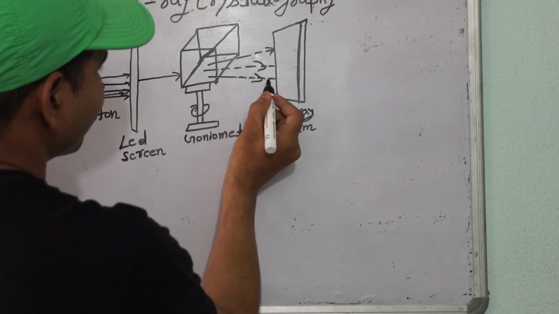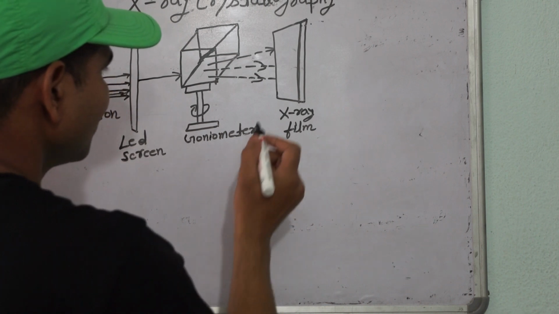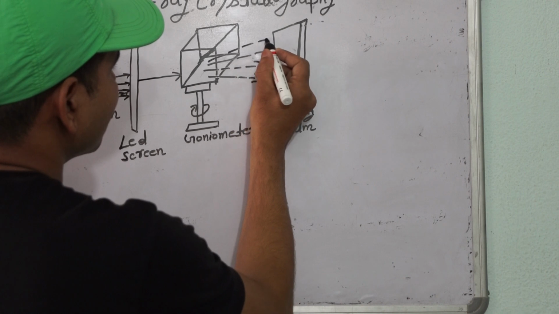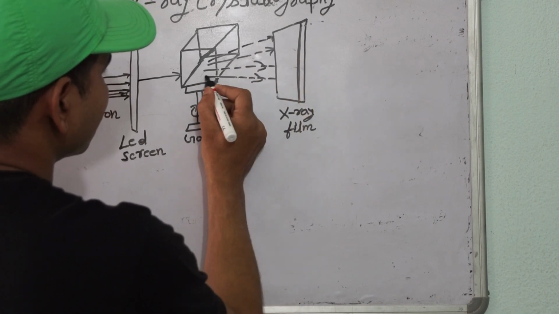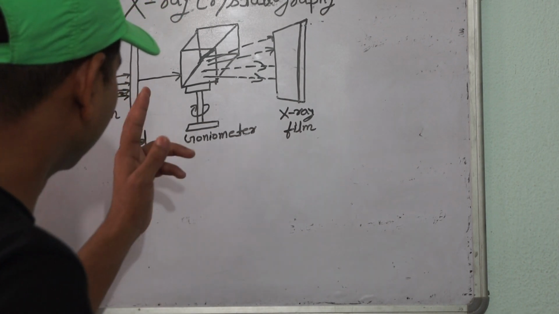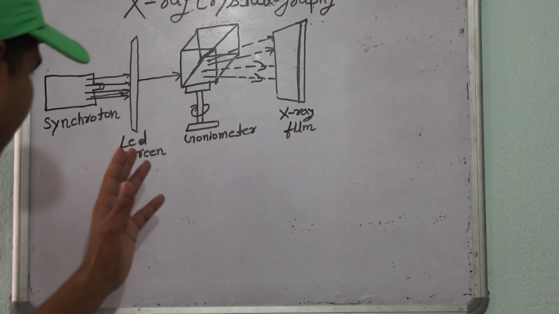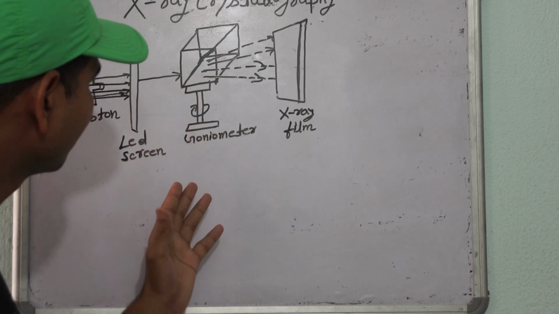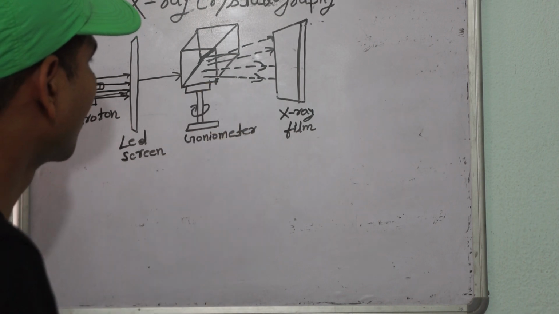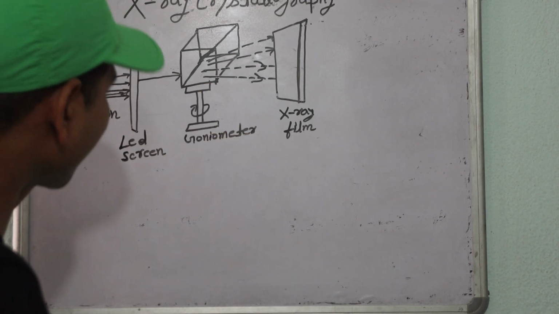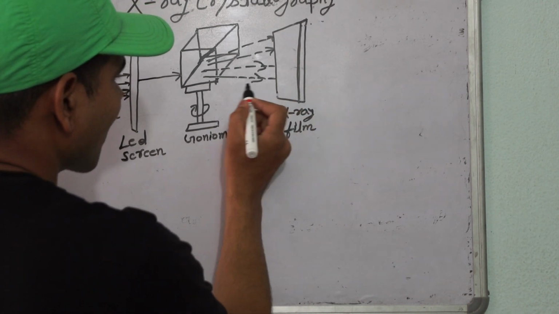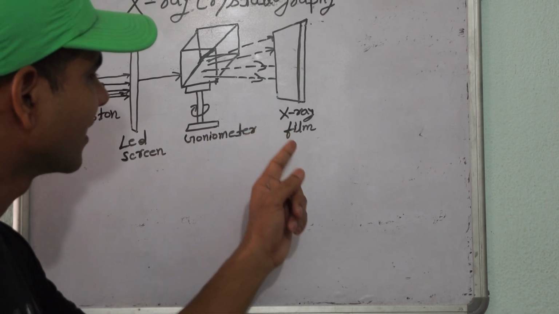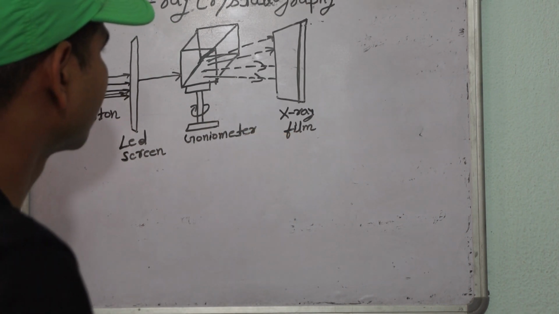I am showing the diffraction of the X-ray beam, and the diffracted X-ray beams are falling on the X-ray film. So it's clear.